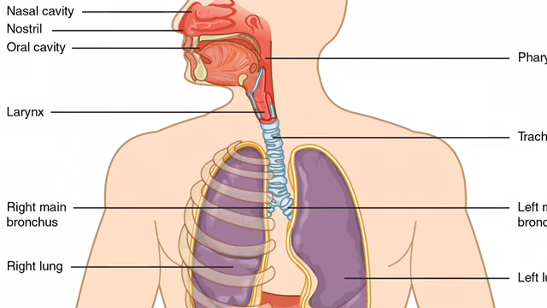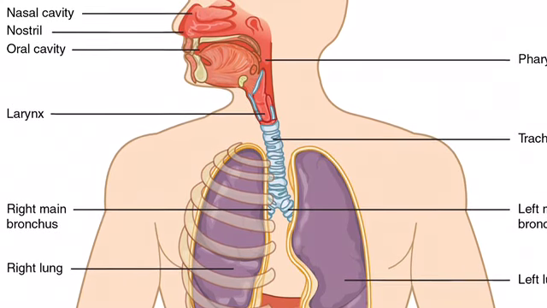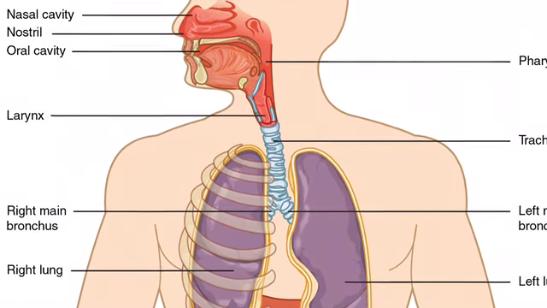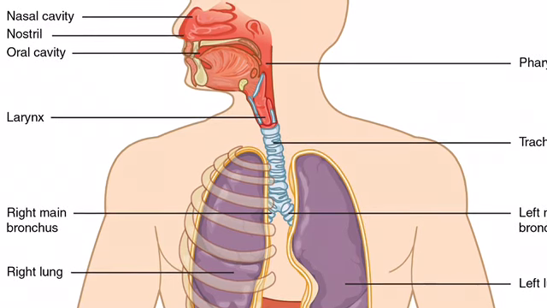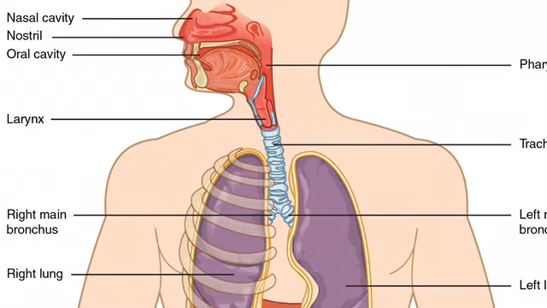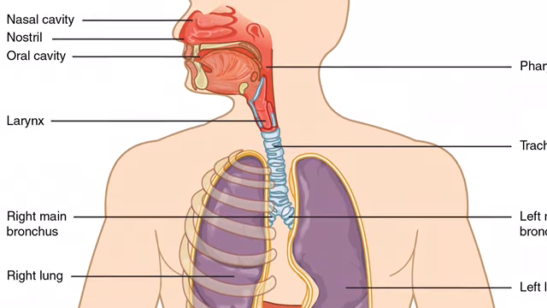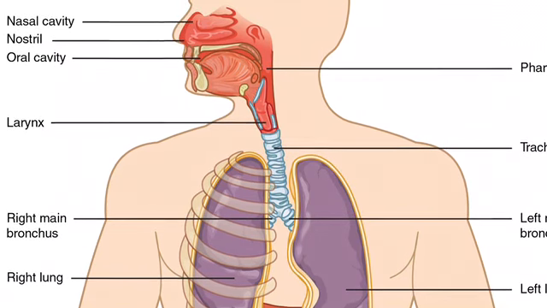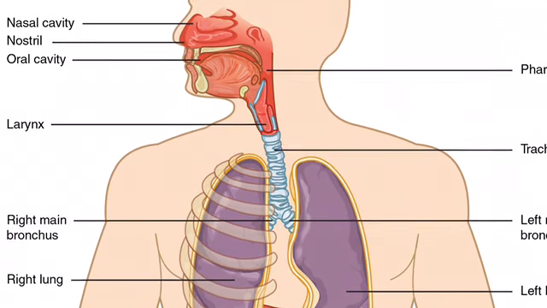Certain other non-vital functions are sense of smell, speech production, coughing, and so on. Functionally, the respiratory system is divided into the conducting zone and the respiratory zone.